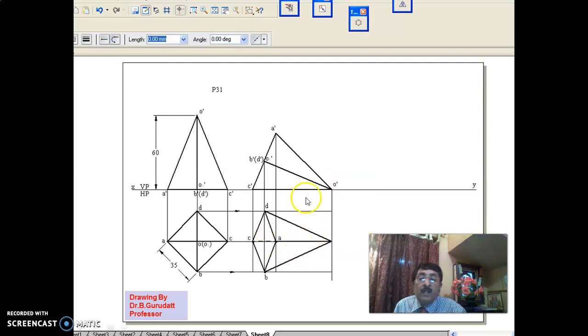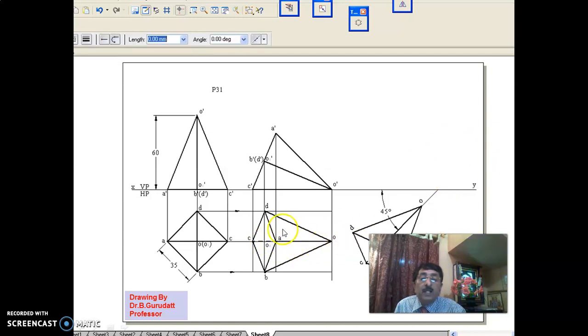CO is totally invisible, but that invisibility dark dotted is shown only between C and A. It continues till the apex. Now, axis is O to O1, that has also been shown.